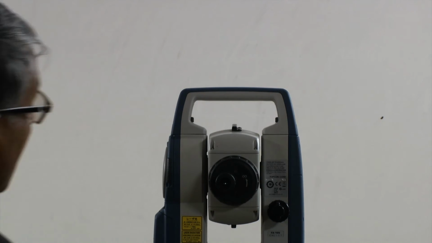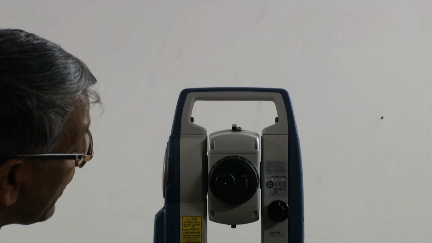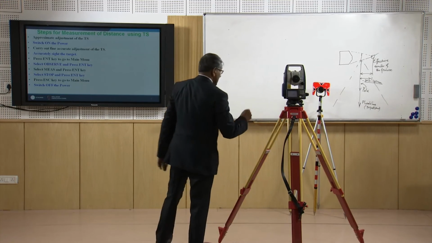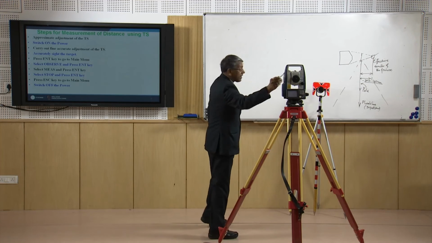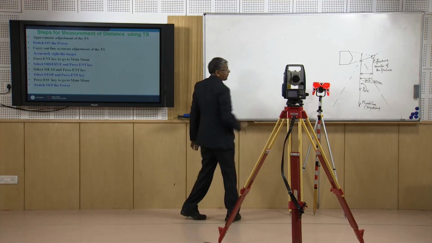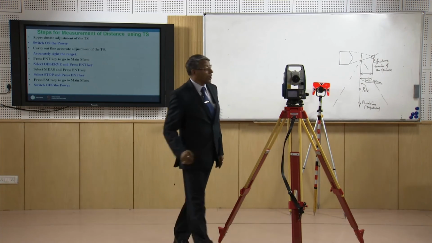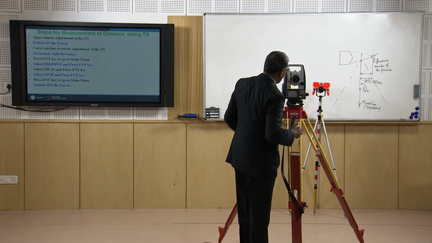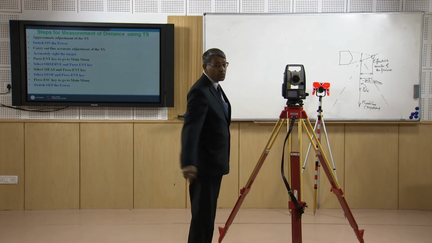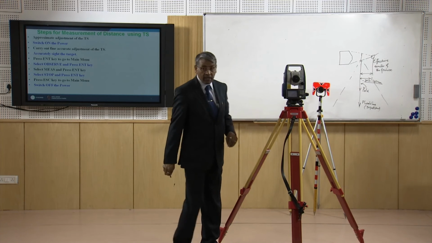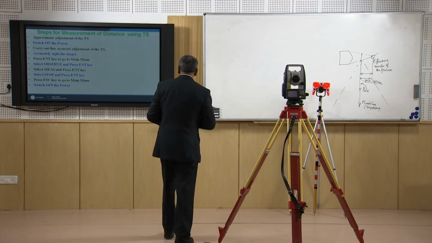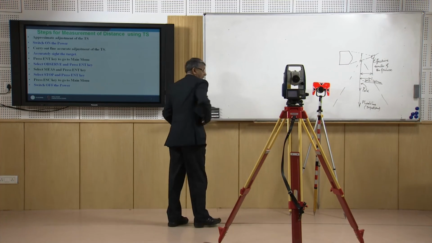So I can get that the distance is 1.97 meter. So from here to here it was 1.76 meter, from here to here it is 1.97 meter. So this is the way how we measure distances using reflector or without reflector. So this is the demonstration I wanted to help you to see.